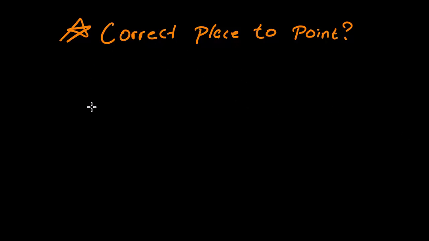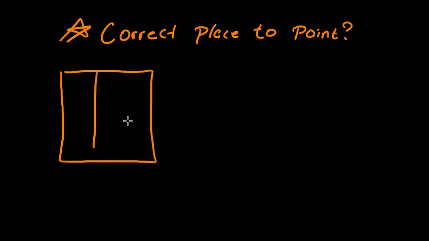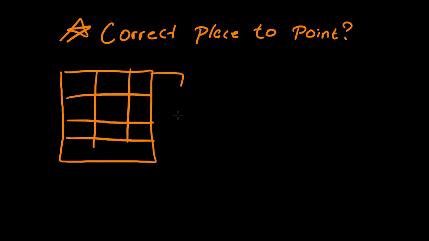So I've assumed you had a pretty good go at it. Let's draw out our board. Imagine this is an 8x8. And now what I want to do is say all of our things that we created before.